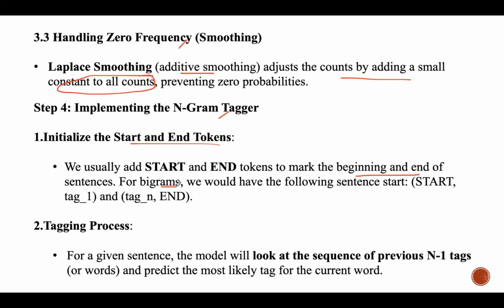For bigrams, we'll have start, tag 1 and tag n, end. Then for the tagging process, for a given sentence, the model will look at the sequence of previous n minus 1 tags or words, and based on that it will predict the tag of the current word.